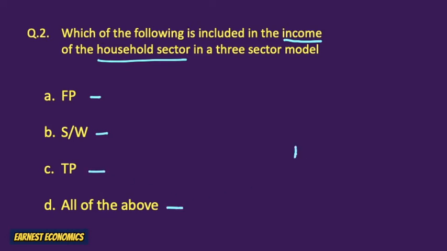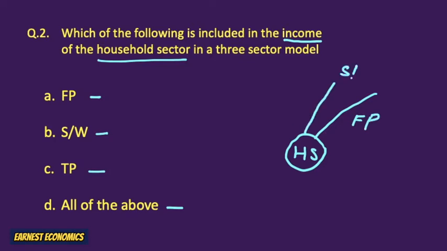Now, if you focus on the household sector, the sources of income for it include, one, the factor payment that comes from the factor market. Another is the salaries and wages that come from the government, and then there is one more component that comes from the government sector, which is the transfer payments.